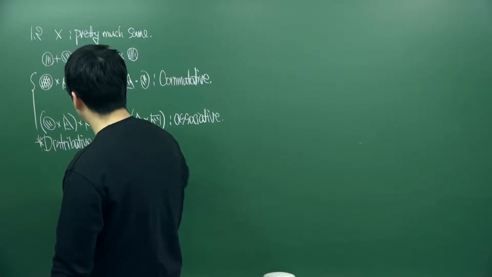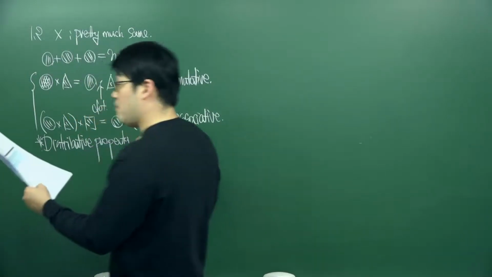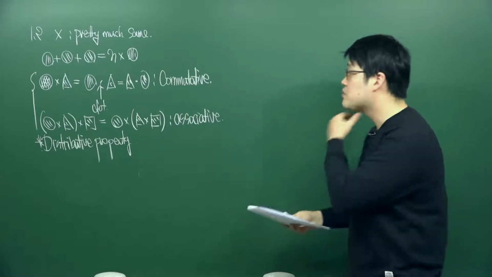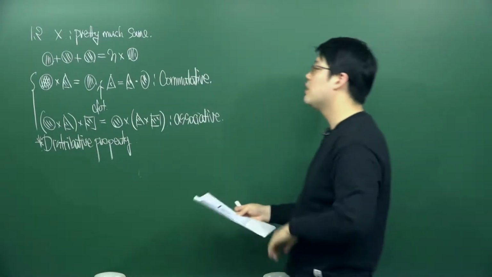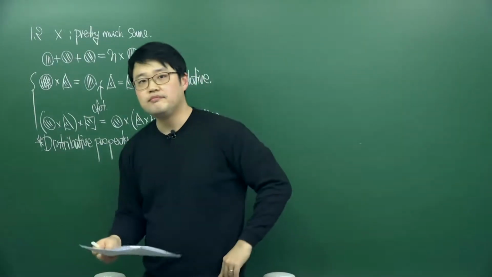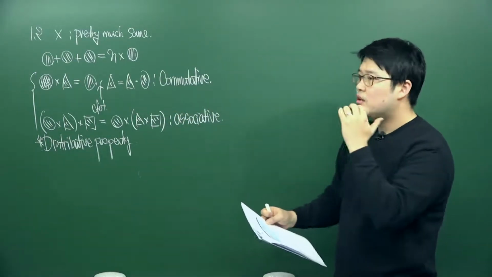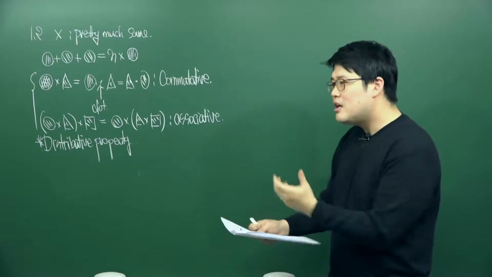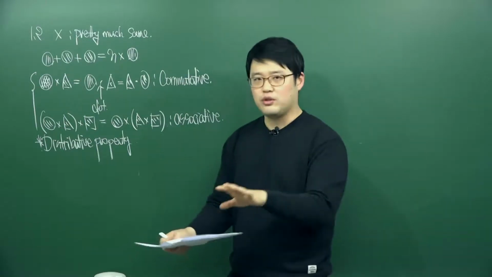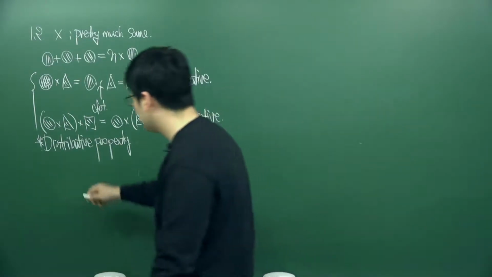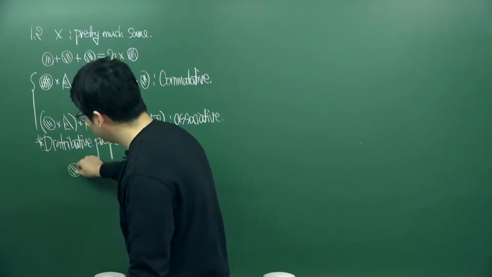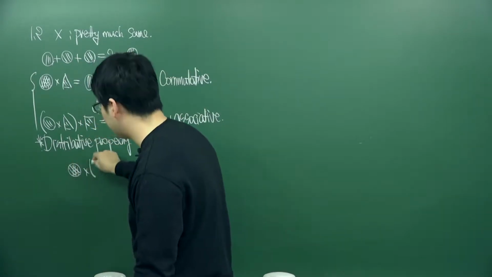By the way, I wrote down distributive property in my lecture notes, so if you look at the textbook, you can find it. I want you to write it down right next to it, okay? Distributive property requires this step. It literally distributes the multiplication. Order matters here. The way you write matters.